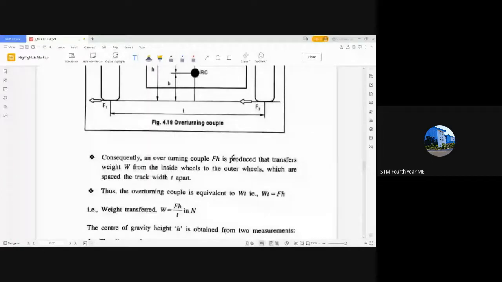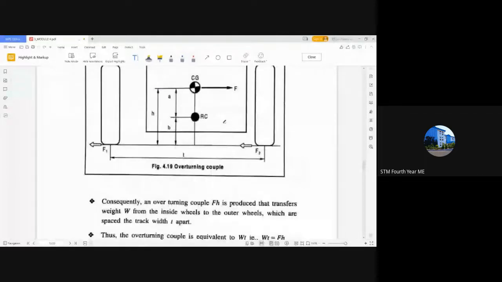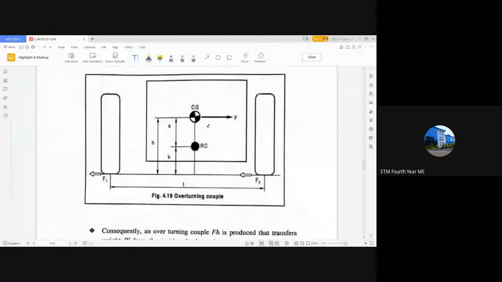So how is the overturning couple stated? An overturning couple is formed by FH, a moment FH, and that is the overturning couple. Due to the weight shift, initially the shift was small, which was negligible.